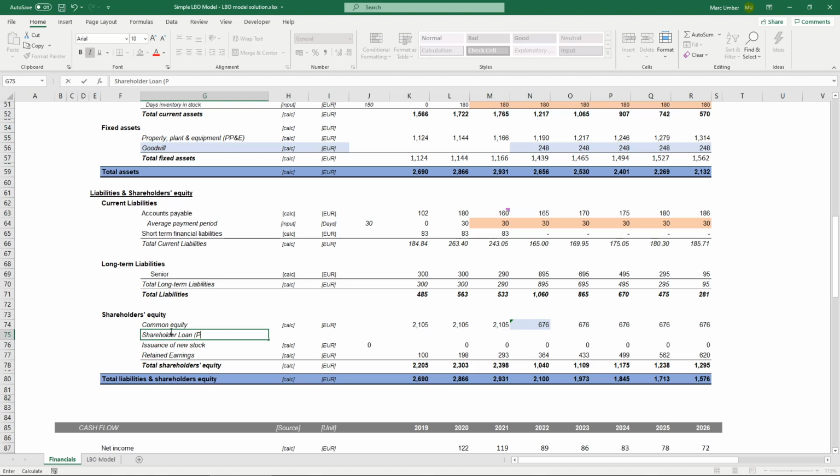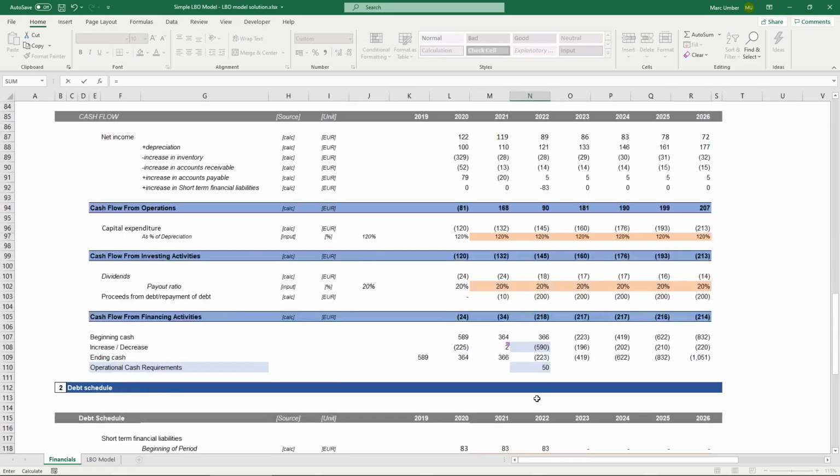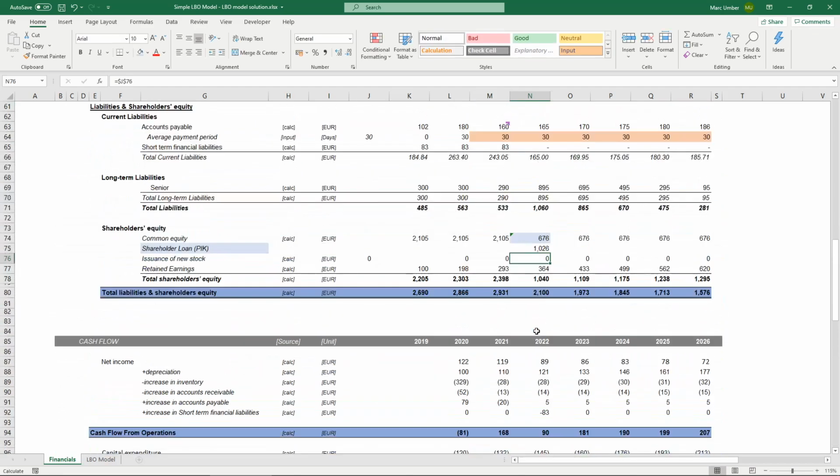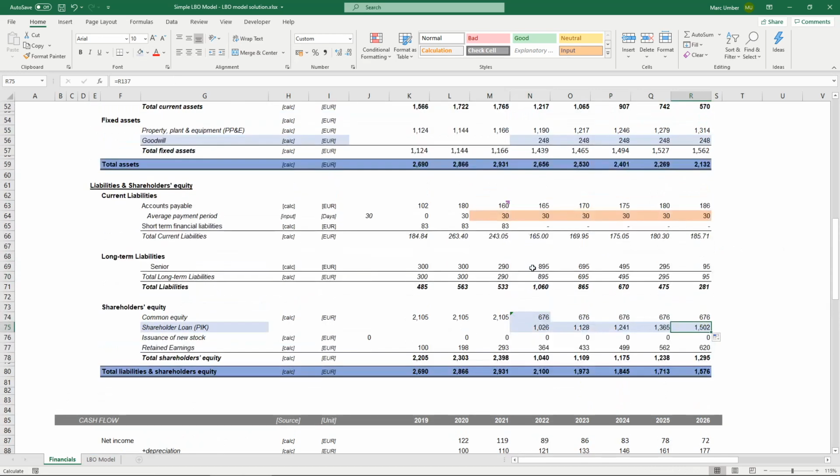Let's keep in mind this is a payment in kind. Make this blue, and this will be in the amount of end of period 1.026. Let's make this blue. Okay, so we recapitalized the entire company.